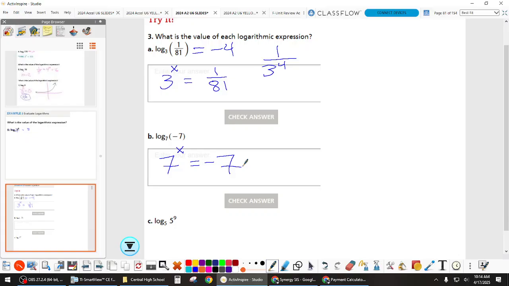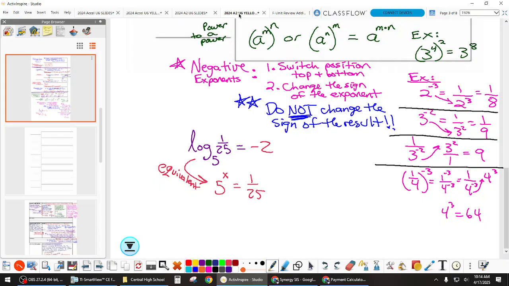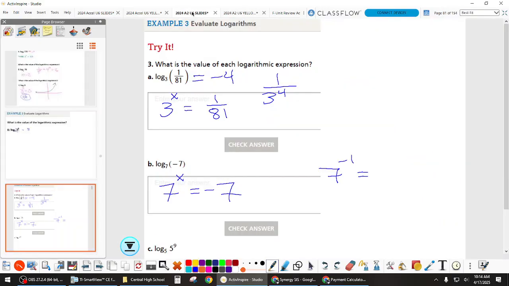Because what is 7 to the negative 1? 7 to the 1 is 7. 7 to the negative 1 can't also be 7. Do not change the sign.